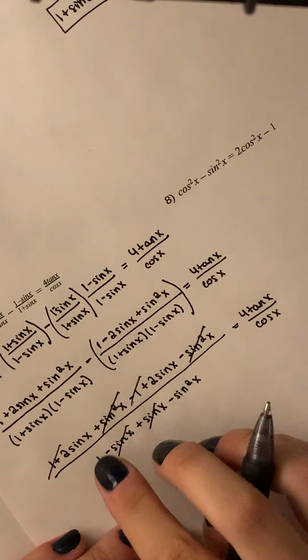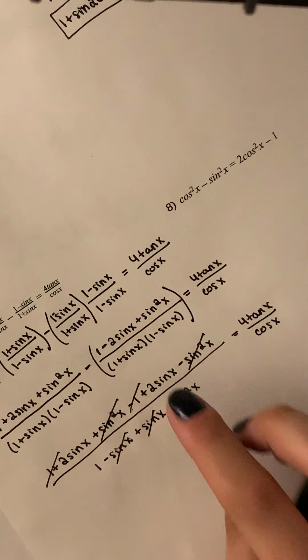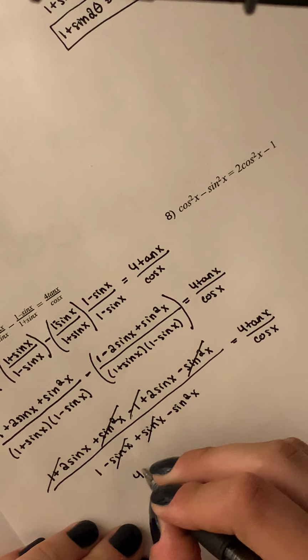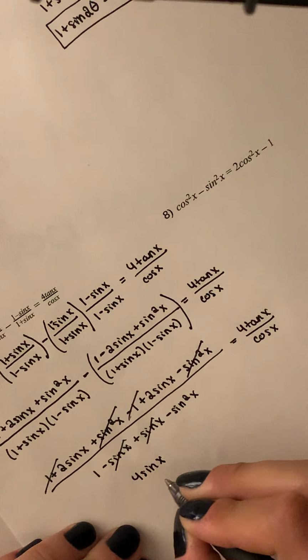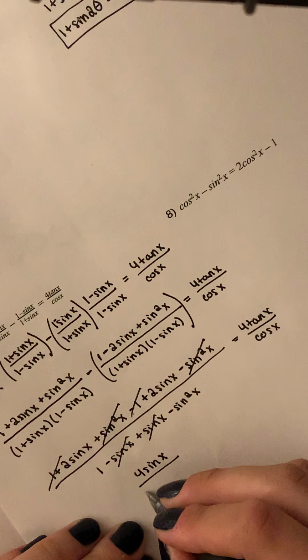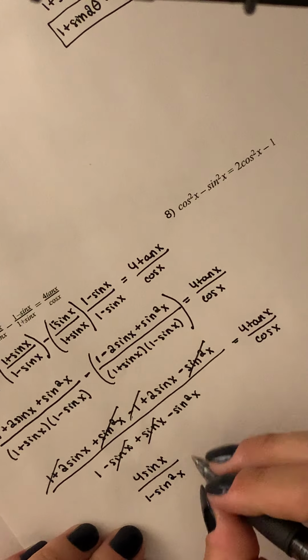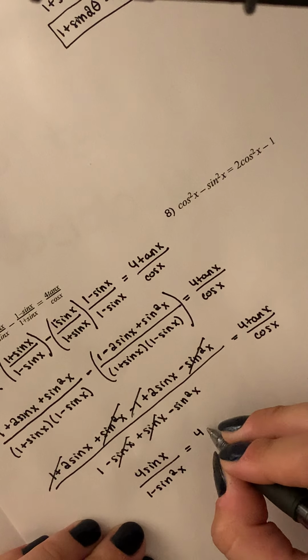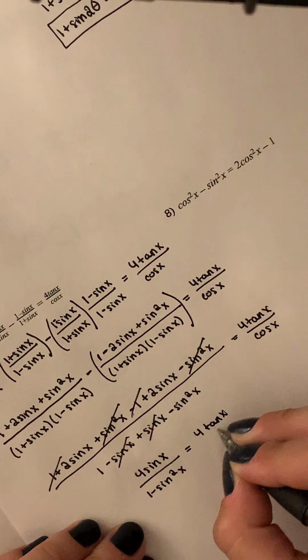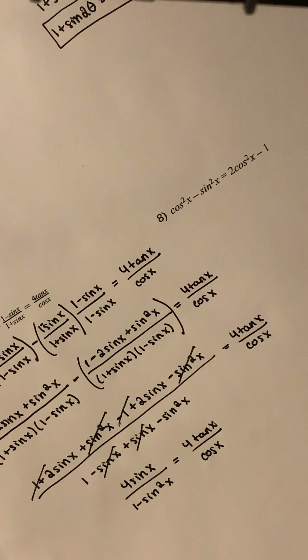So when we copy everything down, we have a positive 2 sine x and a positive 2 sine x. Those will combine to give us 4 sine x. In our denominator, we will have a 1 minus sine squared x, still equal to 4 tan x over cosine x.